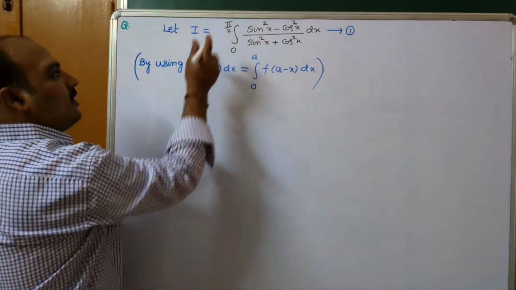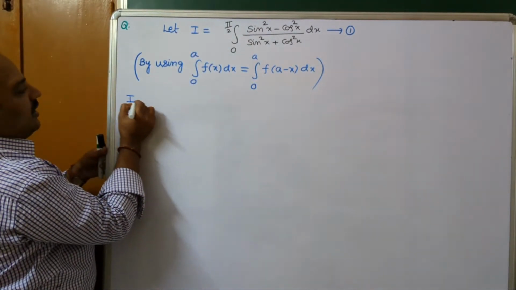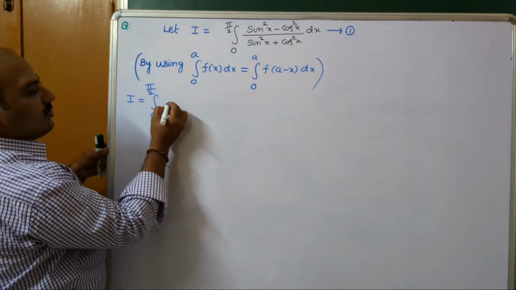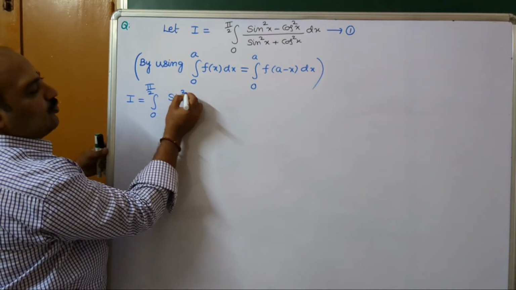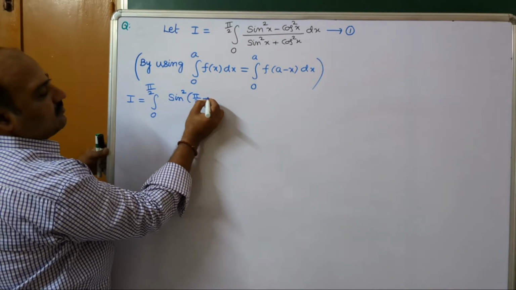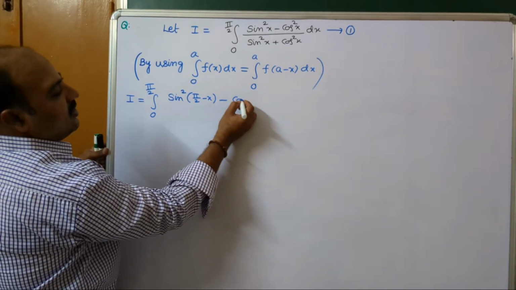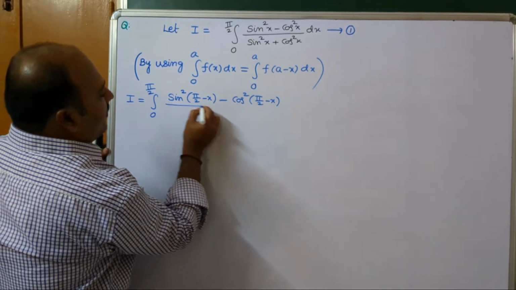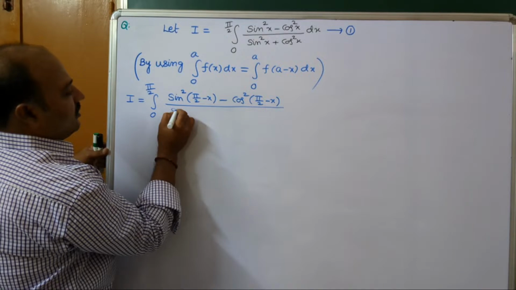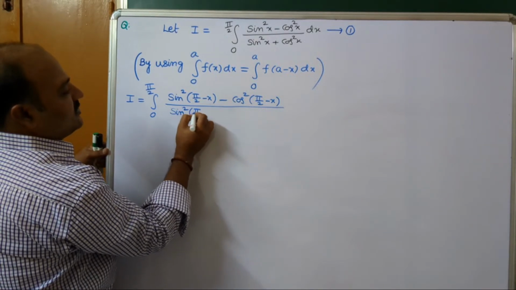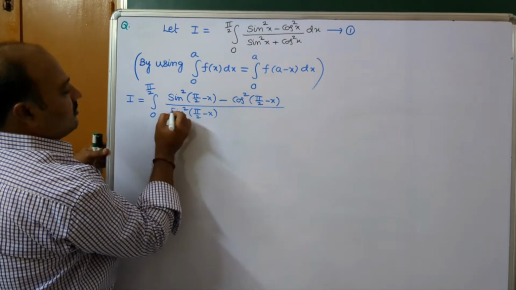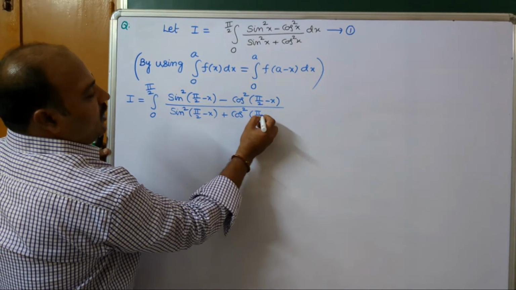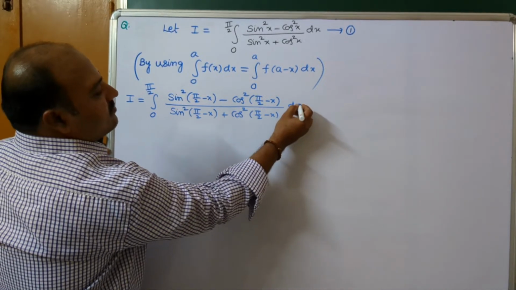So a equal to pi by 2. So I value becomes I equal to integral 0 to pi by 2 of sin square of pi by 2 minus x minus cos square of pi by 2 minus x, whole divided by sin square of pi by 2 minus x plus cos square of pi by 2 minus x into dx.